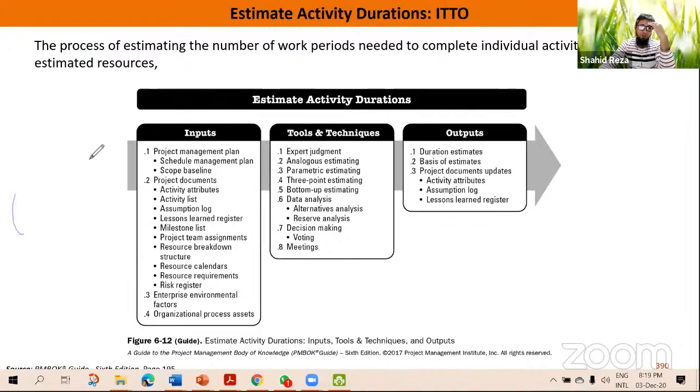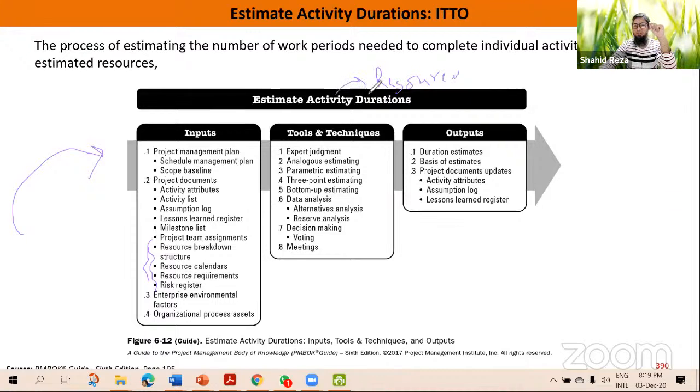So these four inputs we have taken from the resource chapter. That means before doing this process, we need to complete one process. These four are actually outputs of one process of the resource chapter, and the name of that process is estimate activity resources.